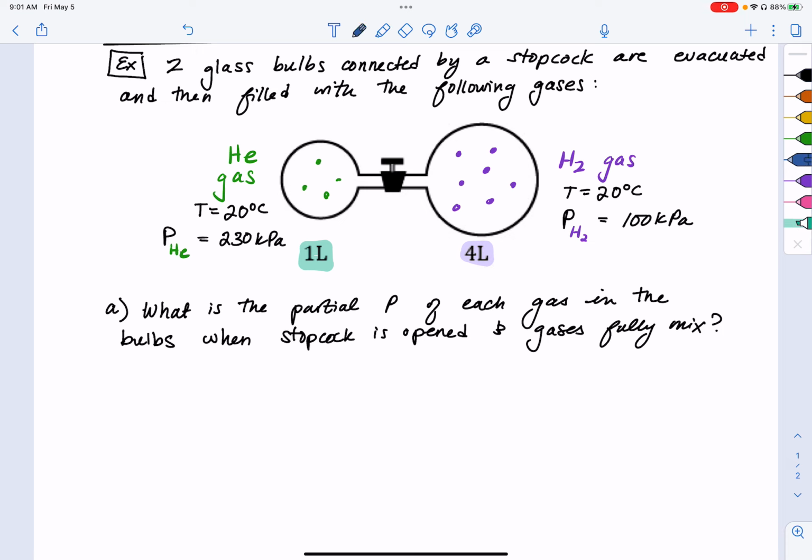Now, once this valve is opened, the total volume, which will be a new volume, is going to be 4 liters plus 1 liter, which is 5 liters. So it looks like we have volume that is changing.